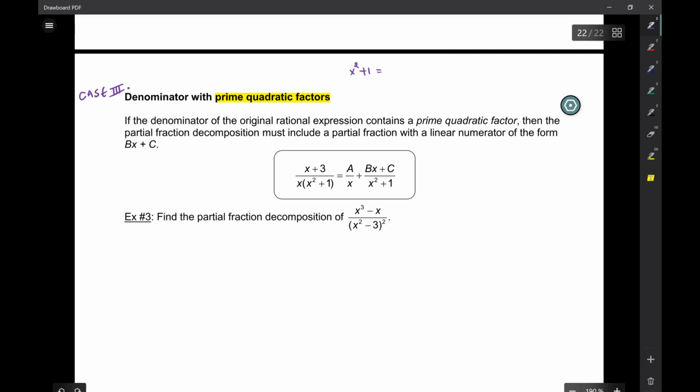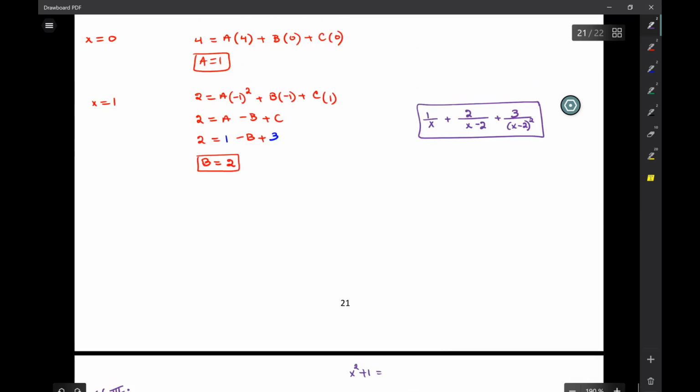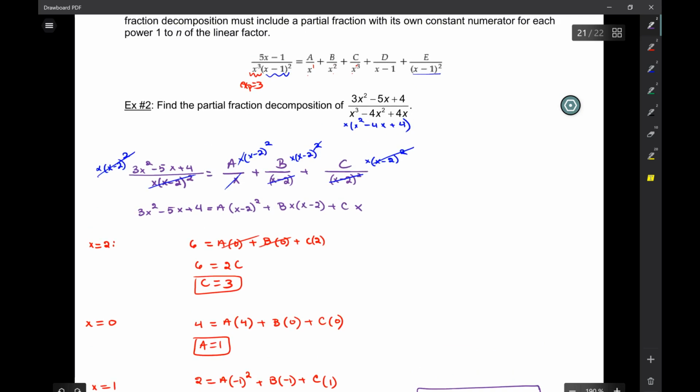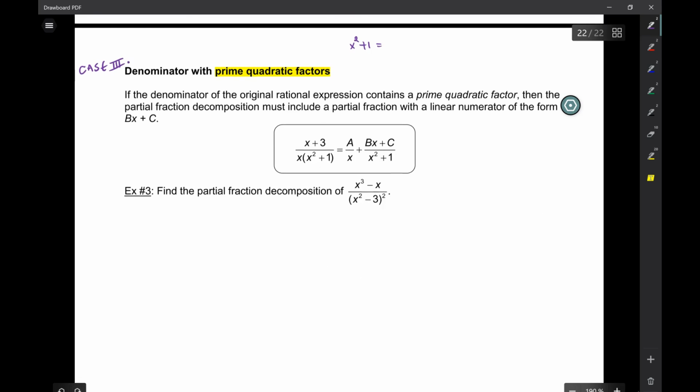So it's prime and it's quadratic. All the ones we've been doing so far, we were able to reduce the denominators into linear factors. x is a linear factor to the power 1. x minus 2 is a linear factor. This is x minus 2 quantity squared, but it's still linear. You just have 2 of it. Now, what if you have a factor in the denominator which is quadratic and can't reduce?